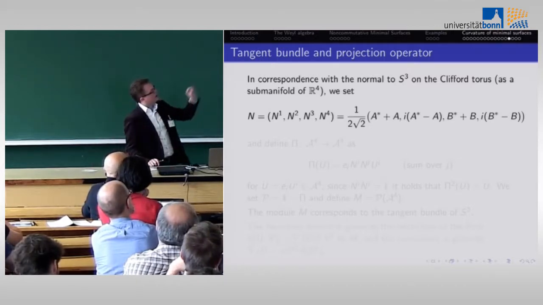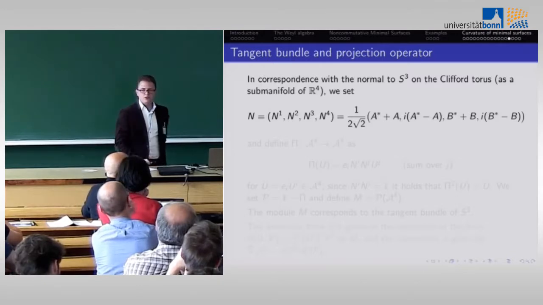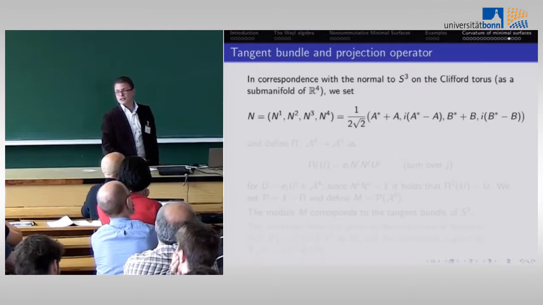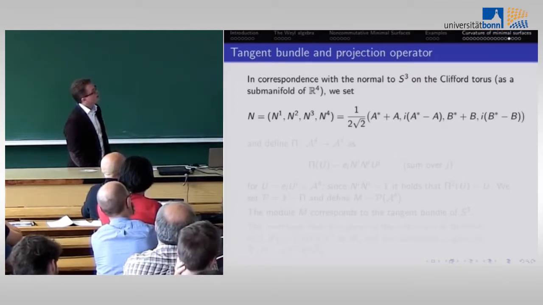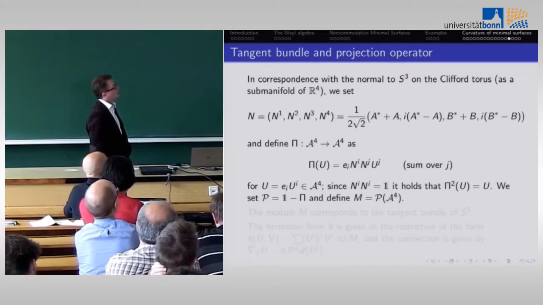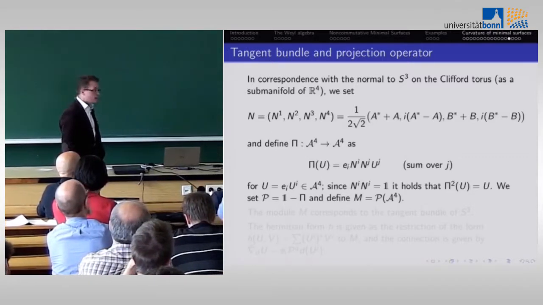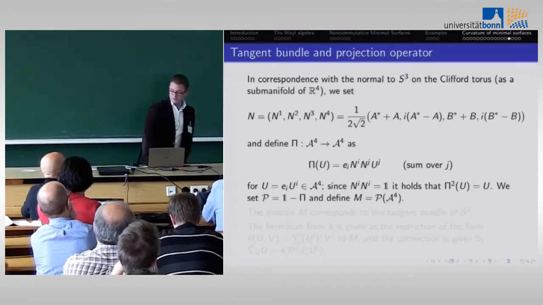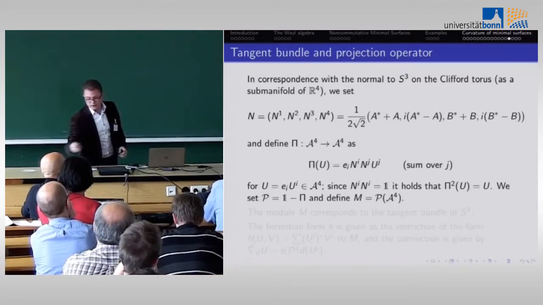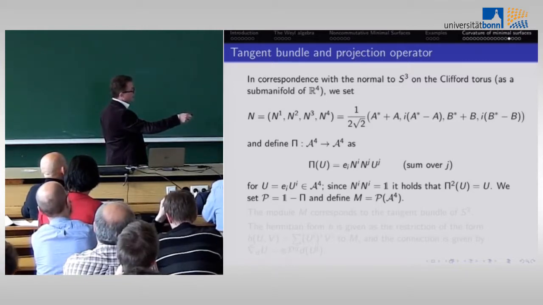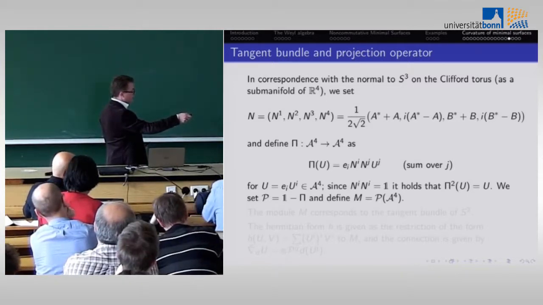And now this A star plus A, those of you who have done this a lot, they correspond to sines and cosines, right? So these combinations correspond to sines and cosines, and this n corresponds to the normal vector in R4. Since we have the normal vector, we can define a projection simply by taking 2 times the normal vectors like this, as a projection of a unit vector looks like.